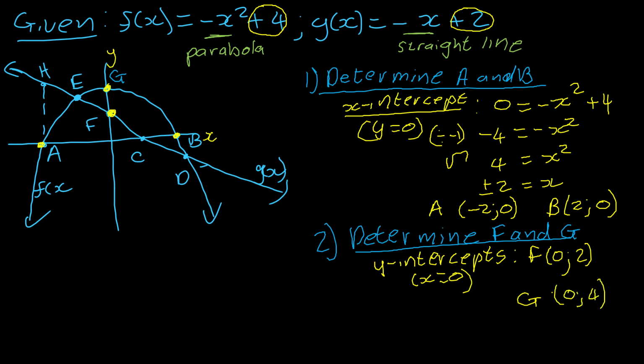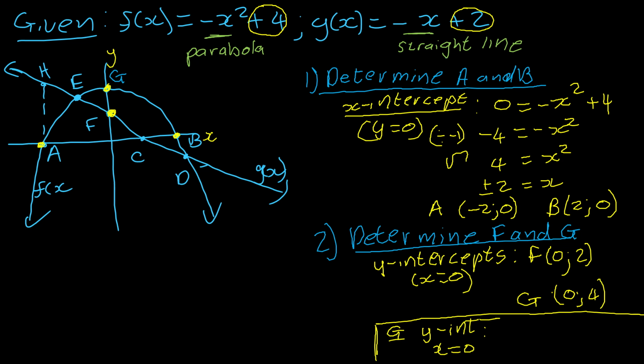Now, if you are not comfortable with just reading off the y-intercepts from the graphs, you can take use of the formulas. For example, I'm going to do the coordinates of G using calculations. You could say, okay, it's the y-intercept, therefore you know that the x value must be 0, and you simply substitute that into your equation.